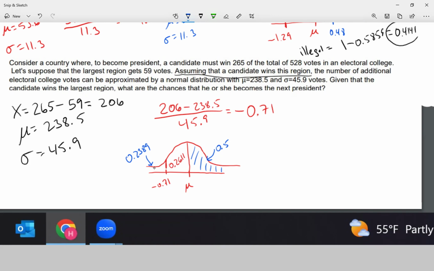Now, this thing, let me highlight it in green. This area is the area that will make my candidate lose, right? If I get less than 206 votes, my candidate loses, right?